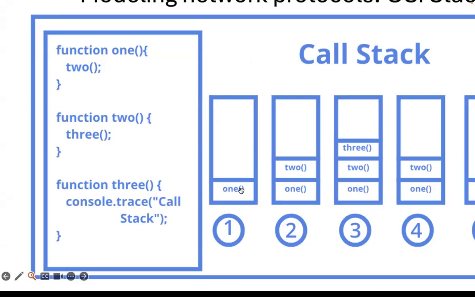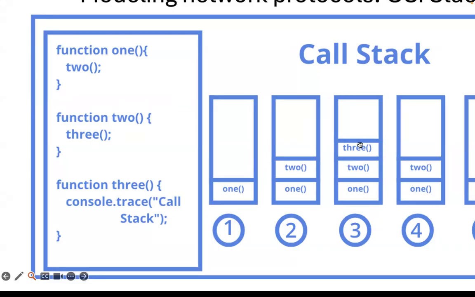If we run 1, then it gets added to the call stack to say, okay, I'm going to do function 1 right now. And if function 1 calls function 2, then when it's time to do function 2, the compiler is like, okay, we're doing function 2 now. So it adds that onto the stack. It pushes it. And then in the process of doing function 2, we call function 3. And so it adds 3 to the stack.